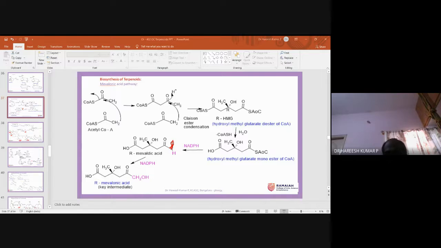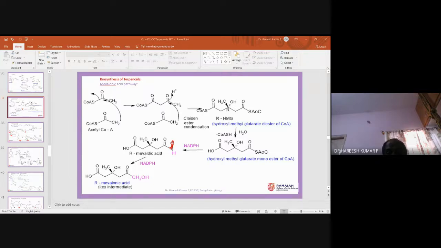This CO2 will go out. This bond pair can come over here and this bond pair can come over here. This OH and H will go out as water, dehydration, and this CO2 will go out as decarboxylation. That is how a key intermediate is formed.